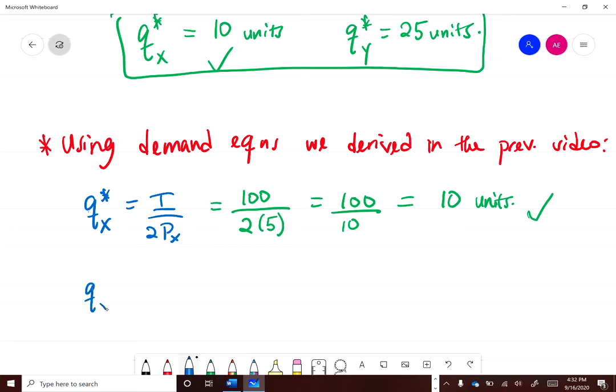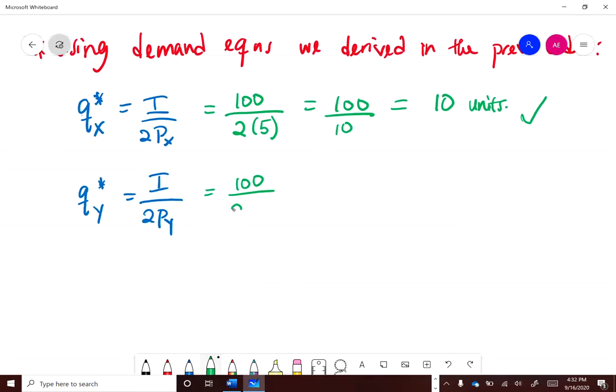And then Q of y is equal to I over 2py. And this is equal to 100 divided by 2 times 2, 100 divided by 4, which is 25 units.